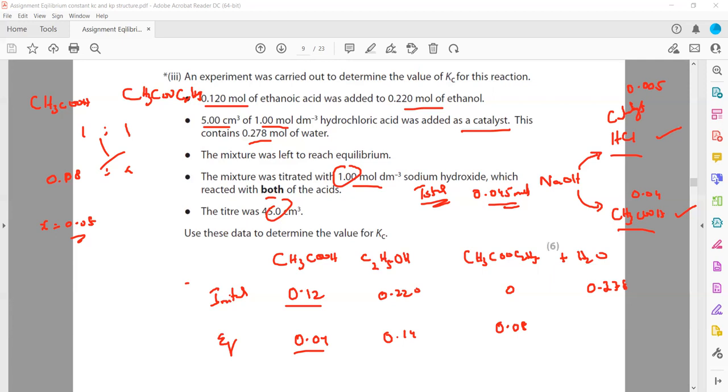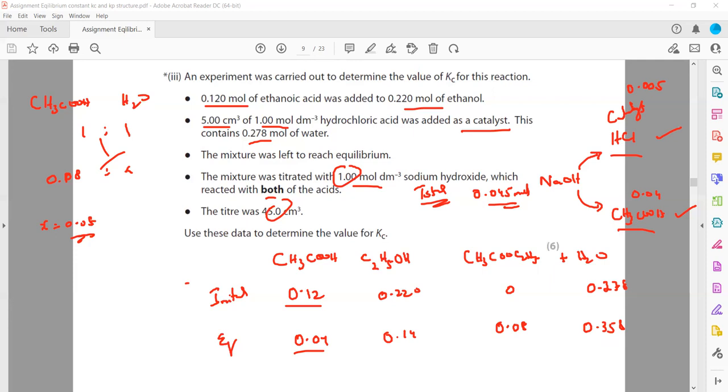When we take a ratio between water and ethanoic acid, it's 1:1. So we'll get the same moles of water, 0.08. So originally we have 0.278 plus 0.08, which will give us 0.358. So 0.358 moles. So these are the moles at equilibrium.